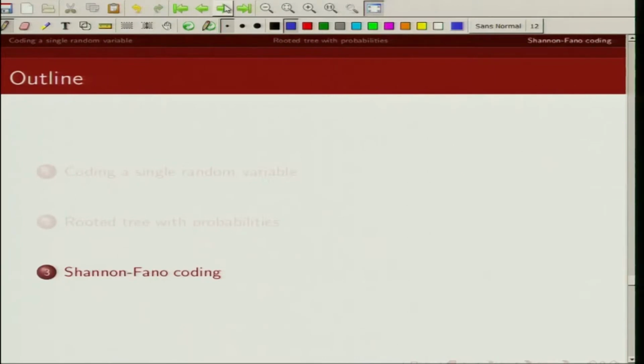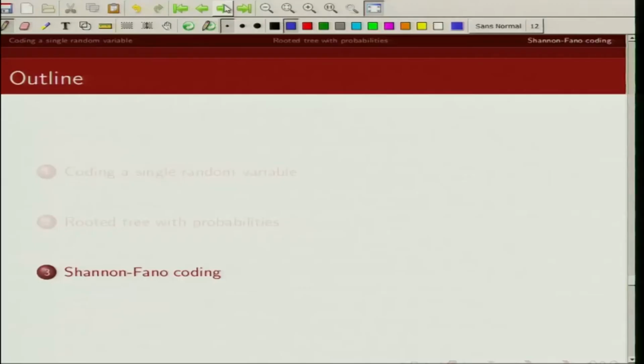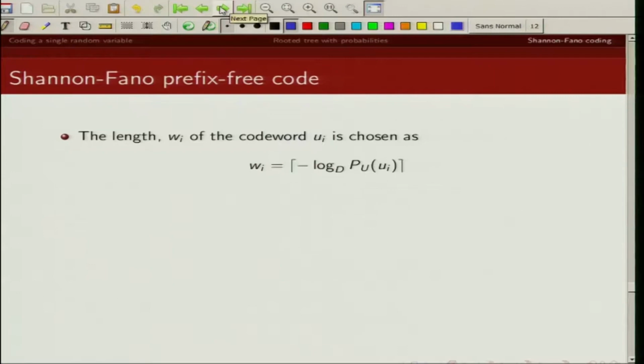Now finally let us talk about some practical prefix free coding techniques. So we will start with the Shannon-Fano prefix free code. In the Shannon-Fano prefix free code, the code word lengths are given by this: minus log base D of the probability of occurrence of Ui.